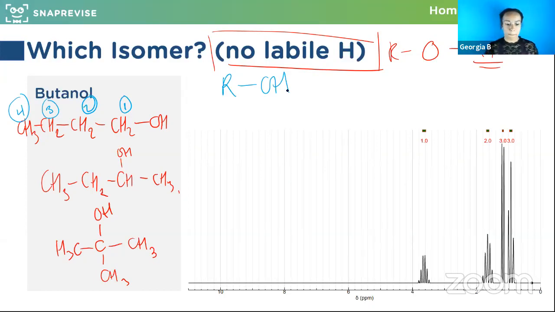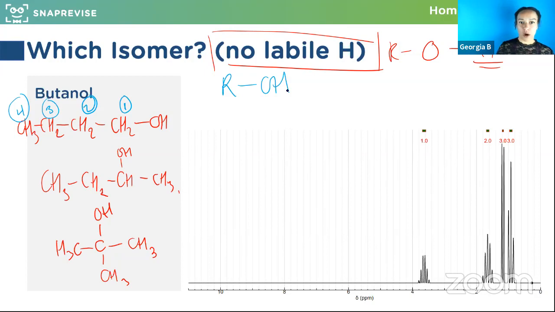Cool. So we have one butanol on the top that has 4 carbon environments. What about the one below? How many carbon environments does butan-2-ol have? Yeah, 4 again.